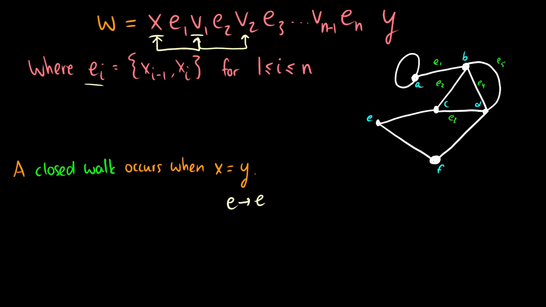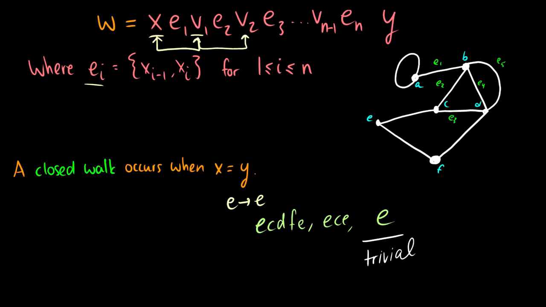So here's a walk, E, C, D, F, E. That's a walk. Or you could have E, C, E, or you could just write E. And this is called the trivial walk because it doesn't take any edges. So that is a closed walk. So those are walks. And a closed walk doesn't have any fancy name, it's just called a closed walk.